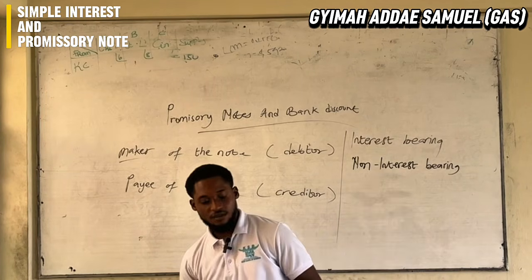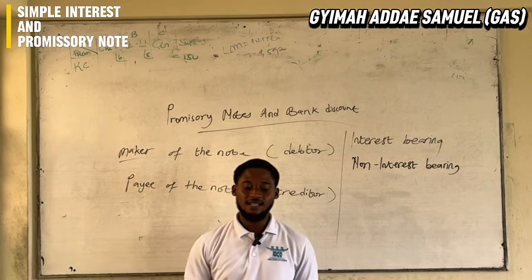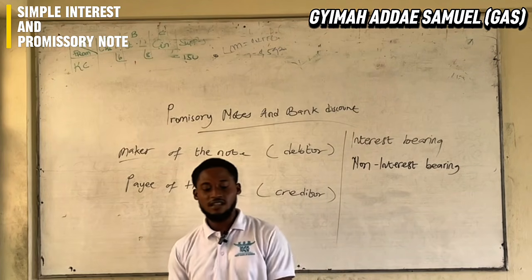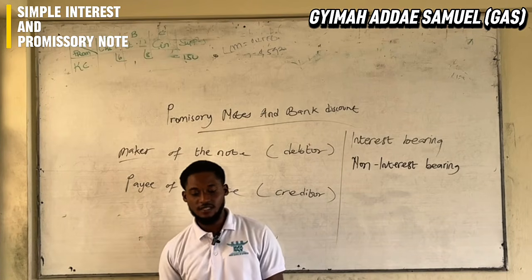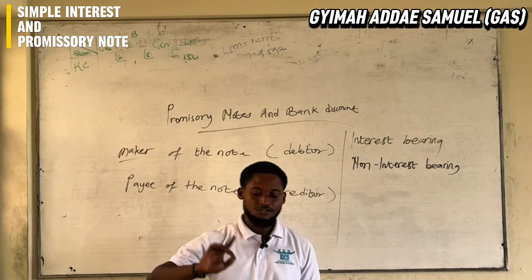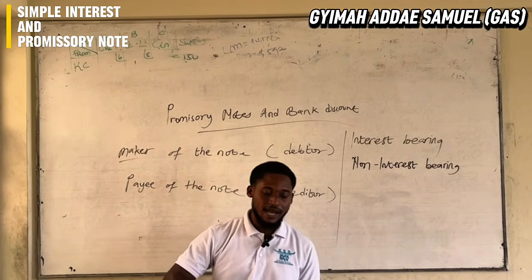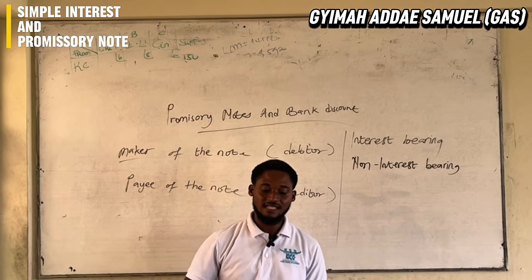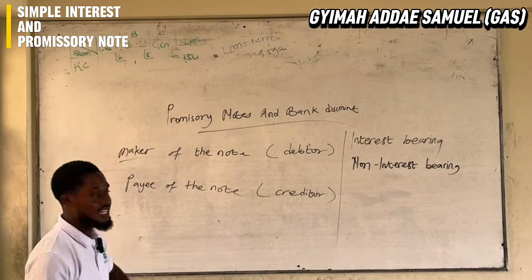An interest bearing promissory note is one that the maker has to pay interest at a stated rate. We know that the maker of the note is the debtor.